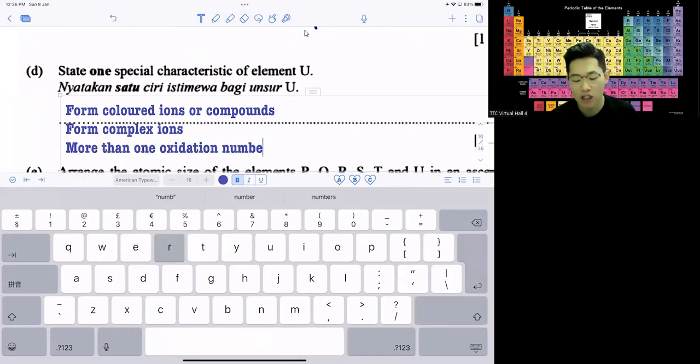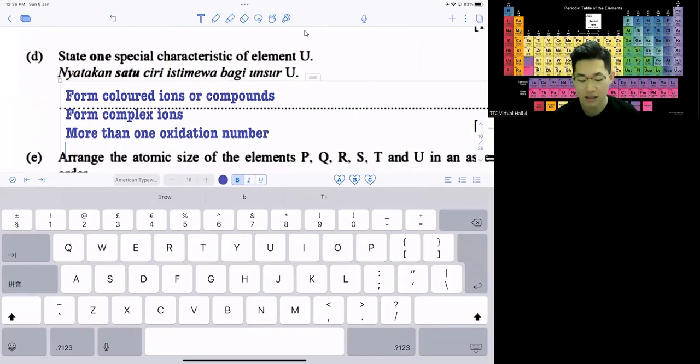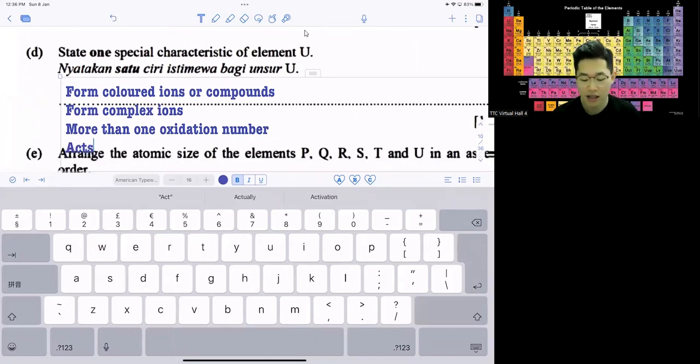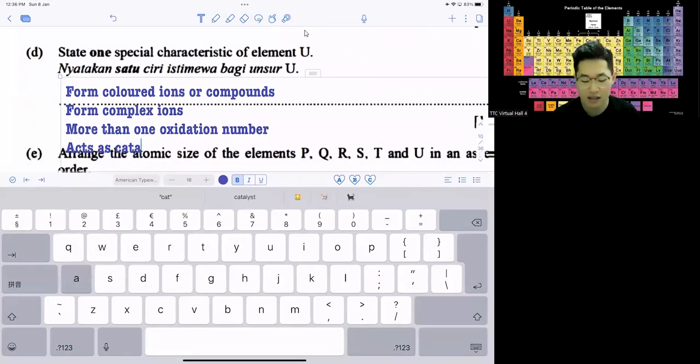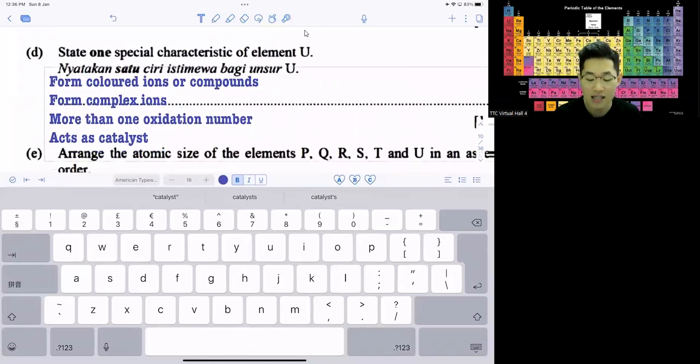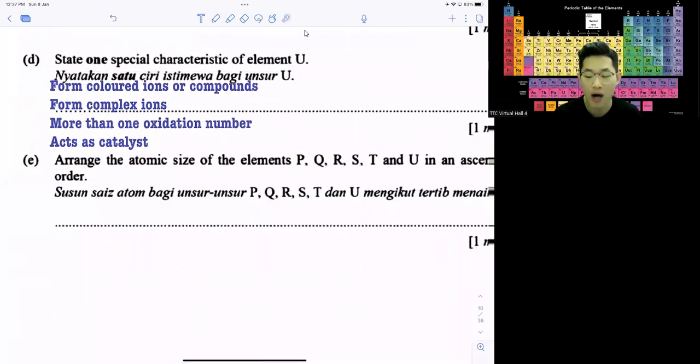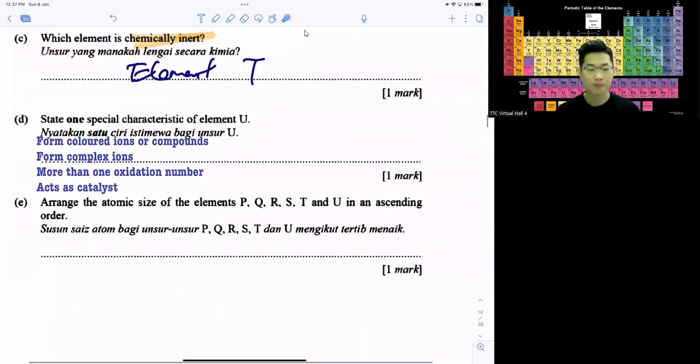That means more than one charge, like iron, Fe2+ and Fe3+. Then last, they can be used as catalyst. They can act as a catalyst, 催化剂.